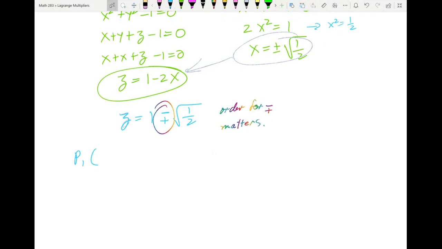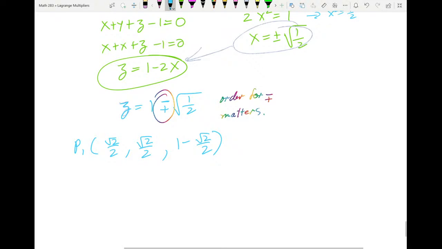So if I'm using positive root 2 over 2, comma, positive root 2 over 2, the point I get right away is 1 minus root 2, that's the negative one. And for the other corresponding point, if I use the negative root 2 over 2, I get 1 plus root 2.